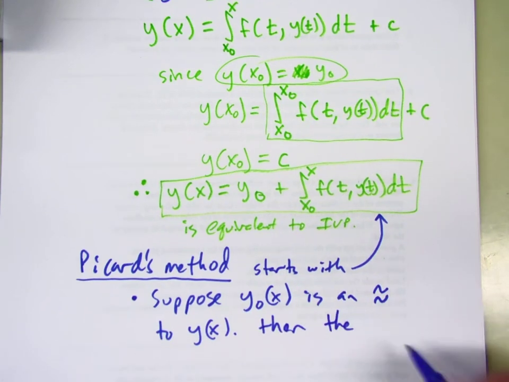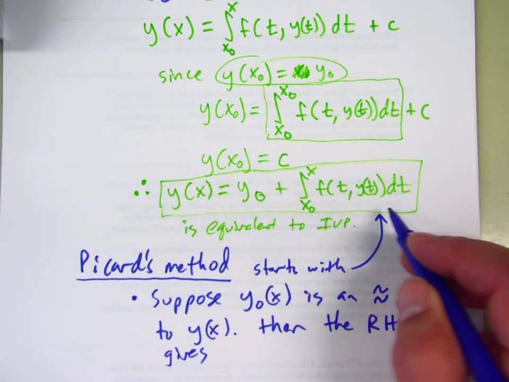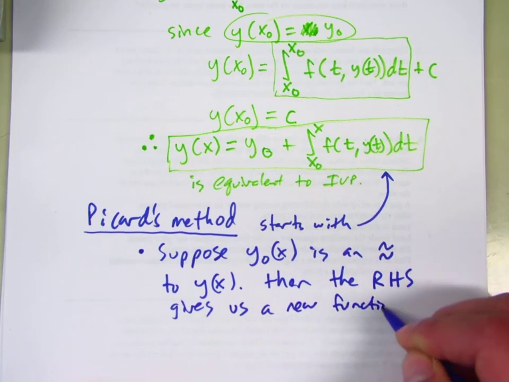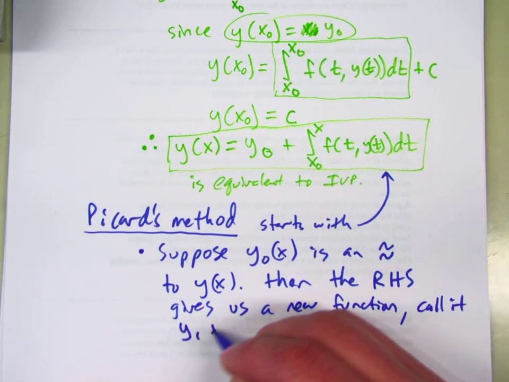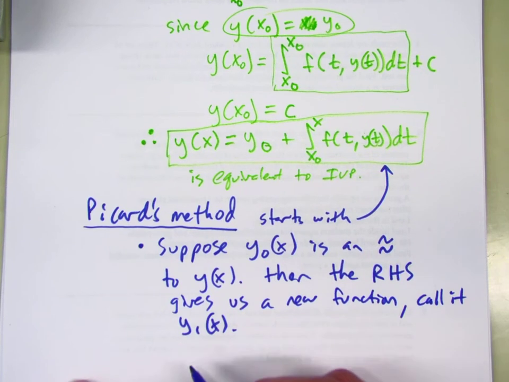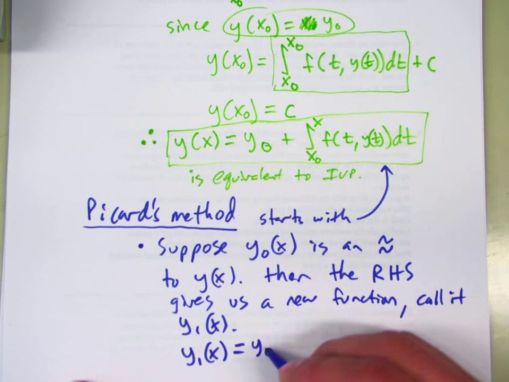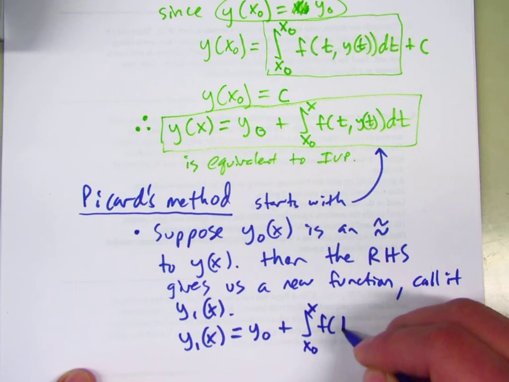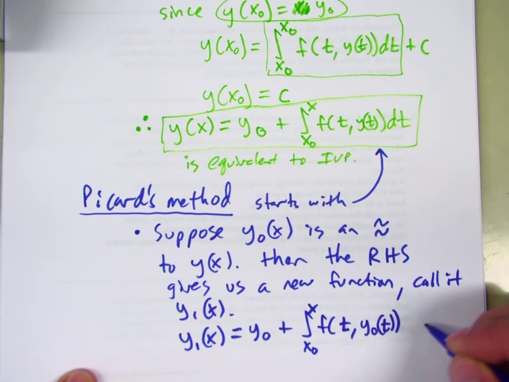Then the right-hand side of the equation, so this side over here, gives us a new function. We'll call it y1 of x. So in other words, y1 of x is going to be what I have up here. y naught plus integral from x naught to x, f of t, and then we'll go y naught of t dt.